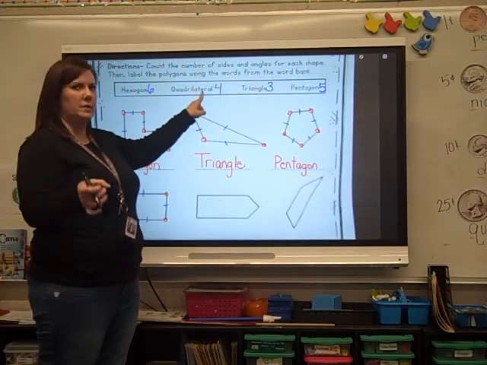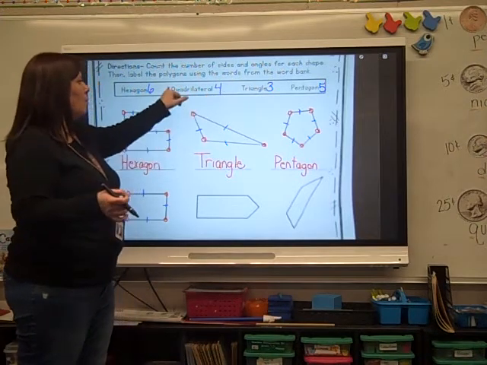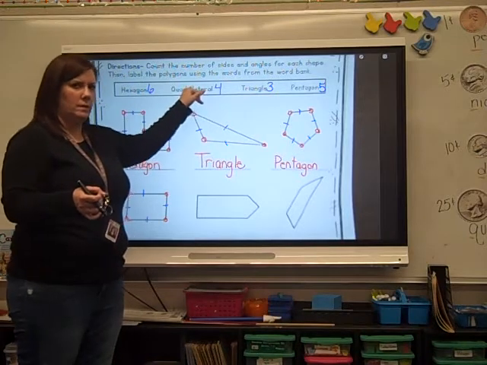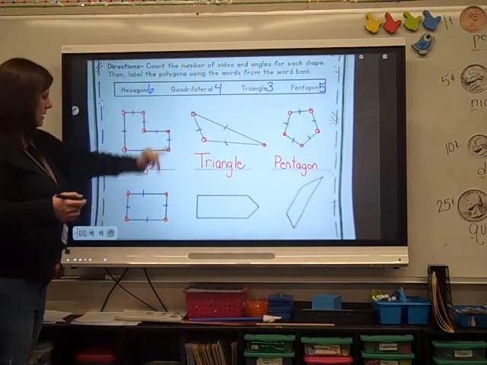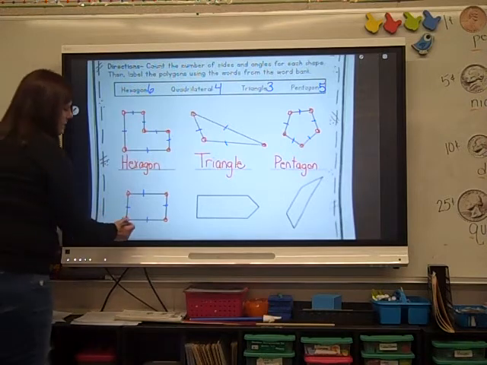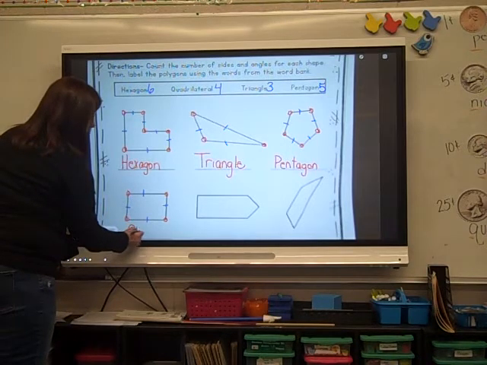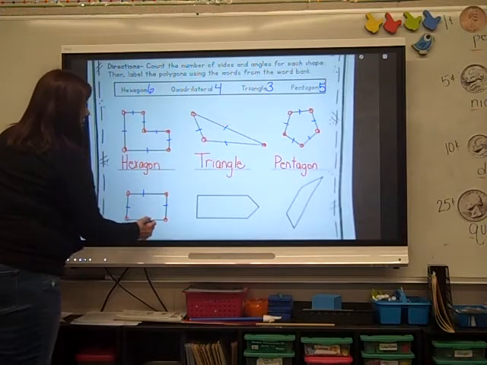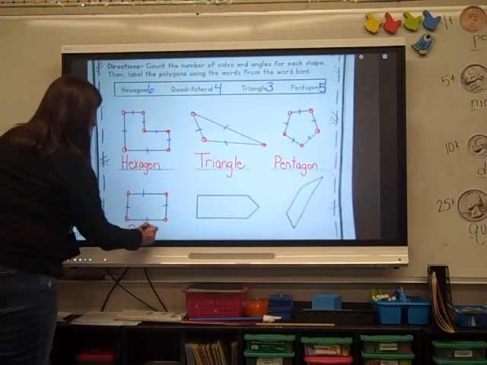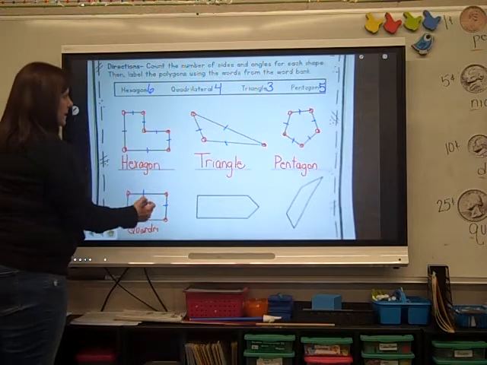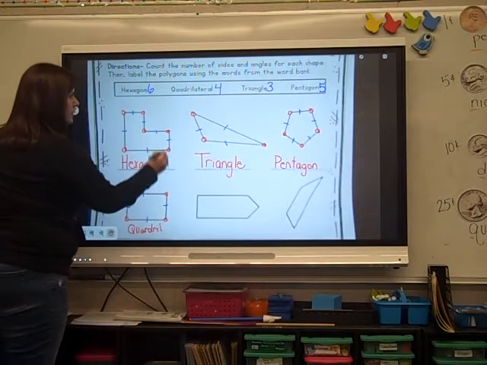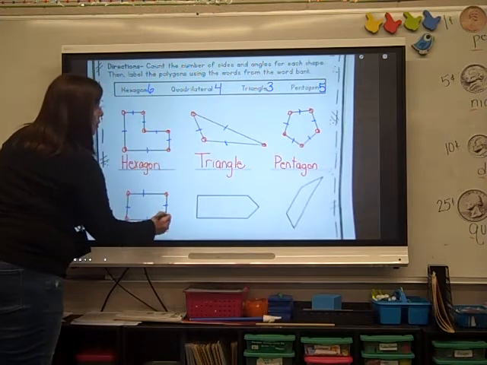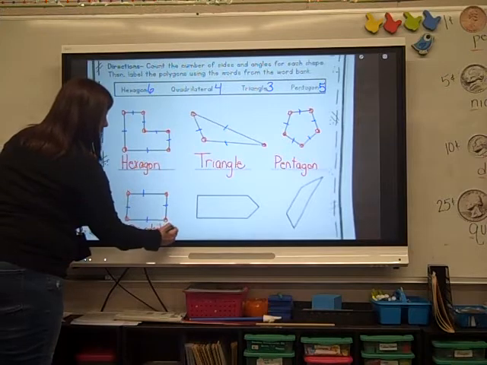Say quadrilateral. Quad means 4. Okay? So you write quadrilateral down here below this shape. It is a quadrilateral because it has 4 sides and 4 angles. And I have a hard time spelling this word. I have to look. I'm horrible at spelling this word.